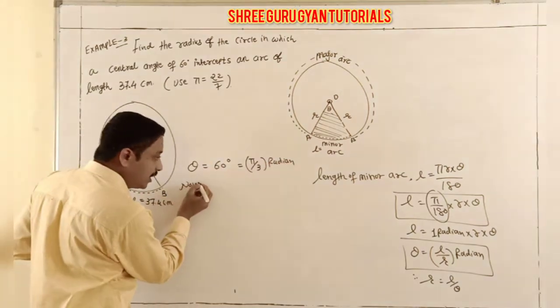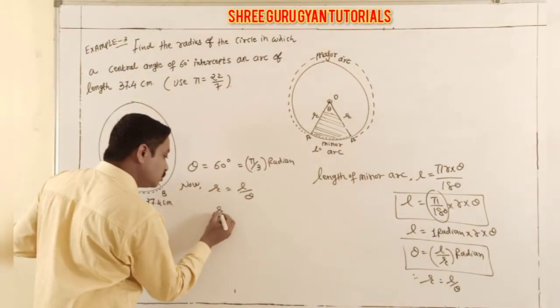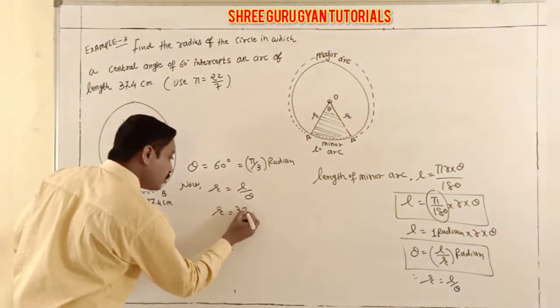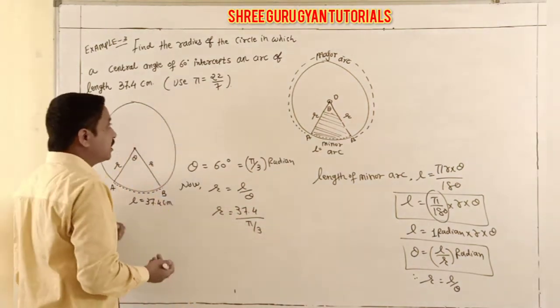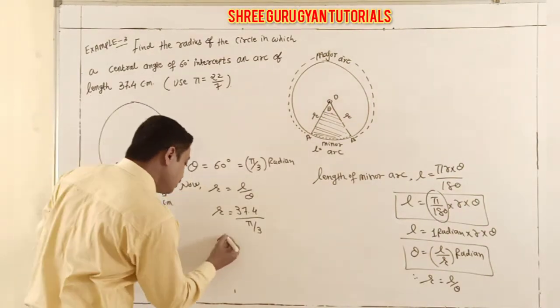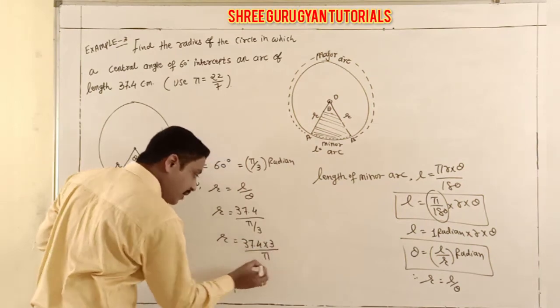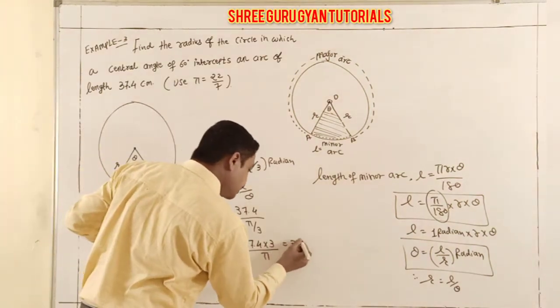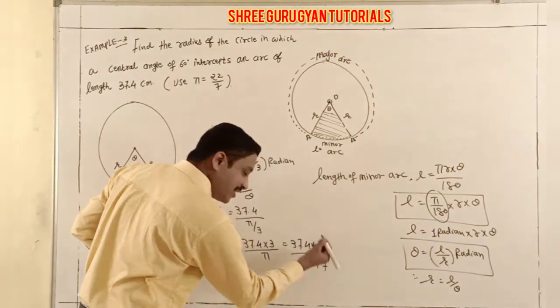Now, our property is R is equal to L by theta. What is L? 37.4. Theta is pi by 3. But now students, pi is already given in the question as 22 by 7. So my answer is 37.4 into 3 upon pi, so 37.4 into 3 and here 22 by 7.